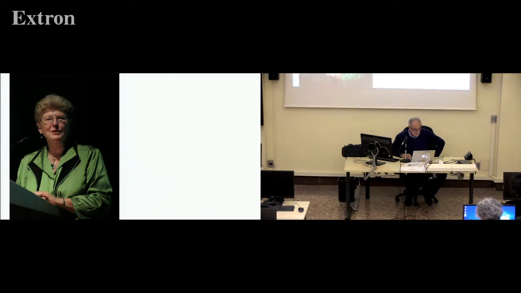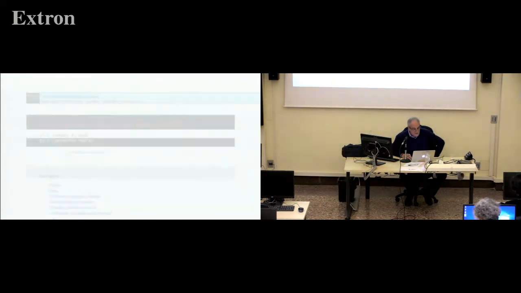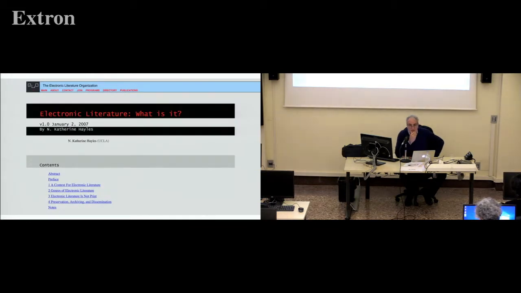Now she moved to Duke University. Among other things, she wrote this essay in 2007, so we're talking about 10 years ago already. Is this clear enough? All right. And as I was telling Francesca, I'm going to share the PowerPoint so you'll have all the references, and if you want to go back and visit this.